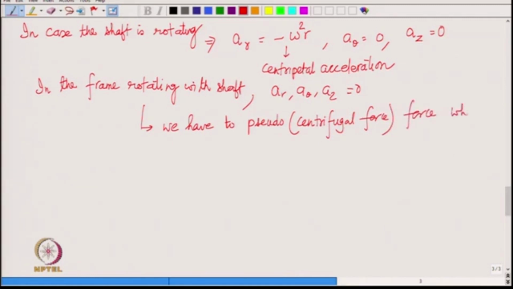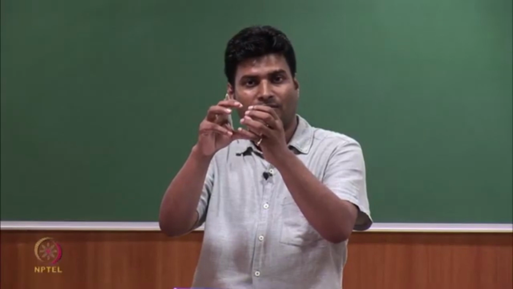When we do linear momentum balance, the centrifugal force will be radially outward, okay, and that is going to act on every particle of the shaft. So, it acts like a body force.